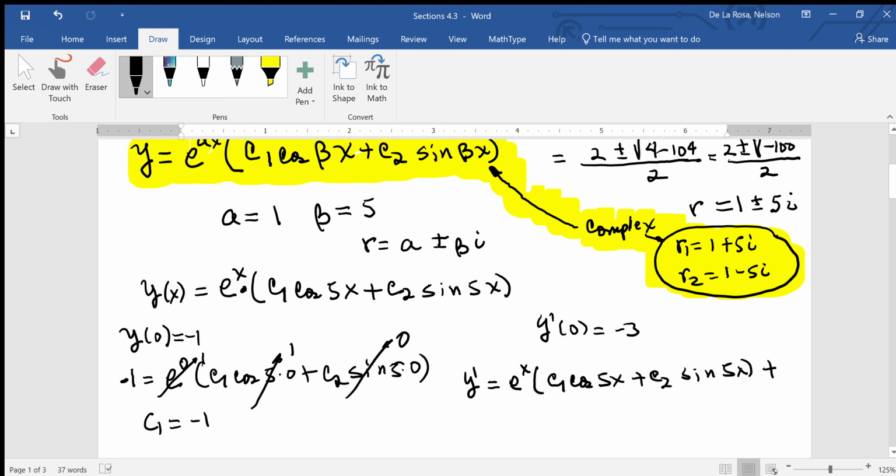The derivative of the inside of the parenthesis is -5 c1 sine of 5x plus 5 c2 cosine of 5x, times the exponential.